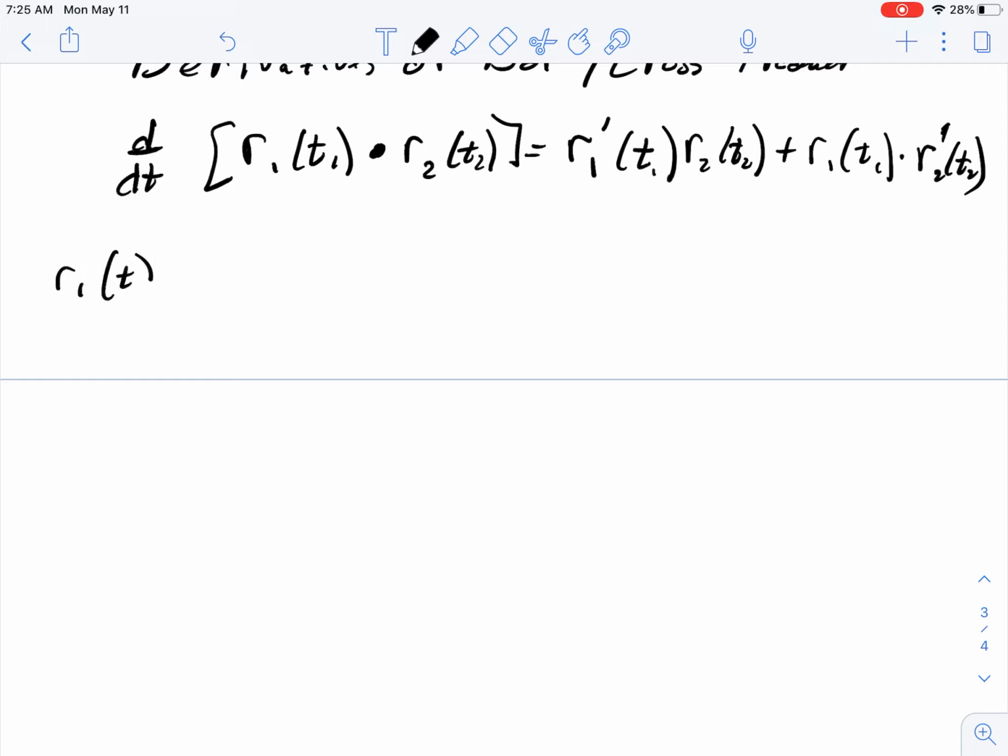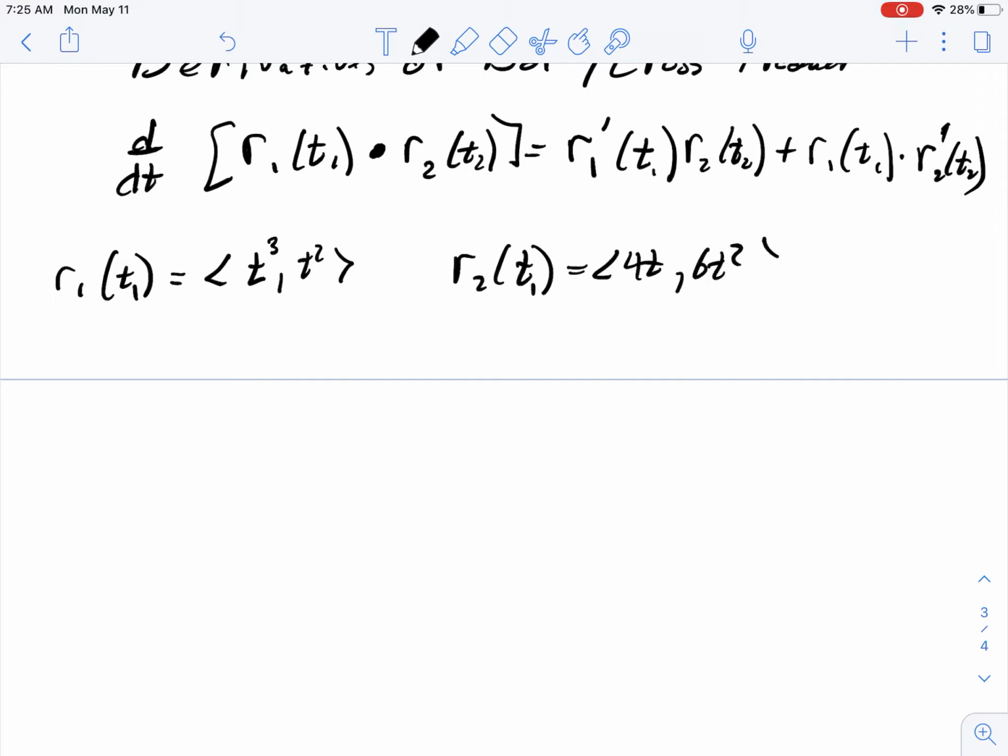Okay, so let's do an example of that. Let's say r1 of t, and I'm just going to do two-dimensional here, make it a little bit easier: 3t, t squared, and say r2 of t: 4t, 6t squared.